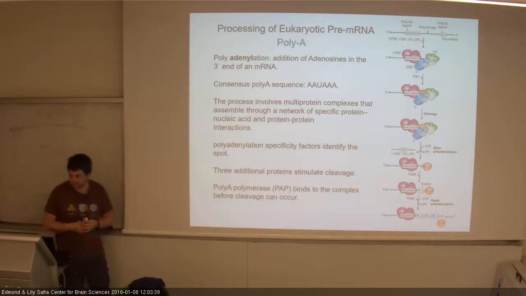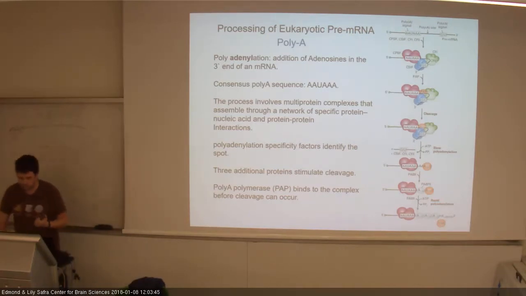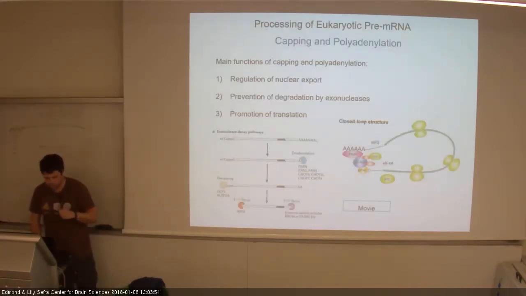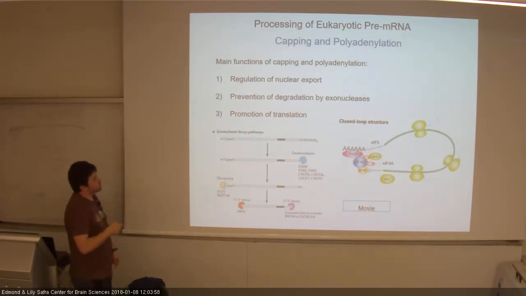Besides cleaving the mRNA to the same length each time, it also provides very important stability. The poly-A tail protects the molecules from degradation, and it also has an important role in promoting the translation of the molecule.